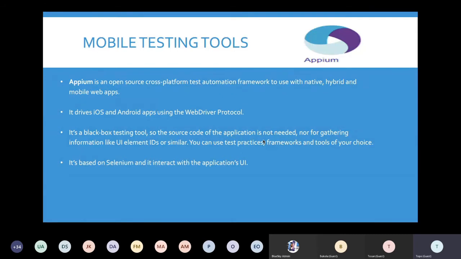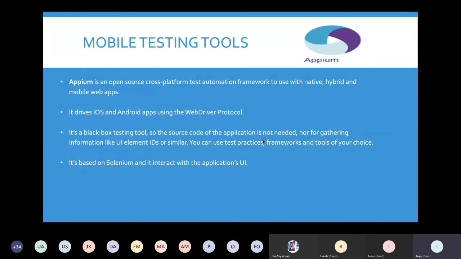It's a black box testing tool in the sense that we don't know the source code of what is inside the Appium application. You don't need knowledge of the source code to use it. The source code of the application is not needed, neither is gathering information like UI elements or IDs.